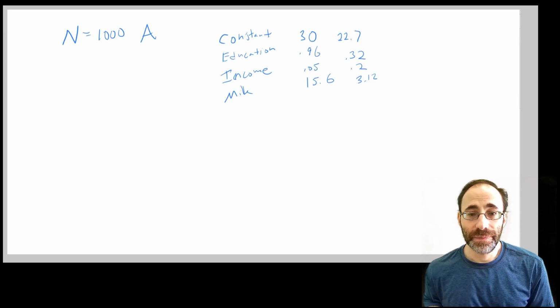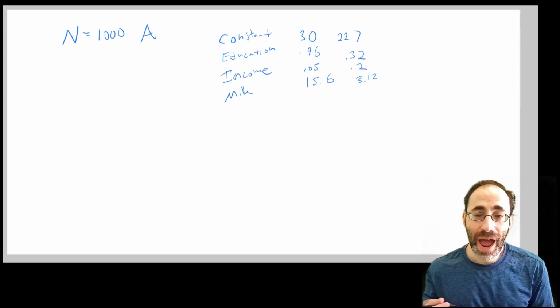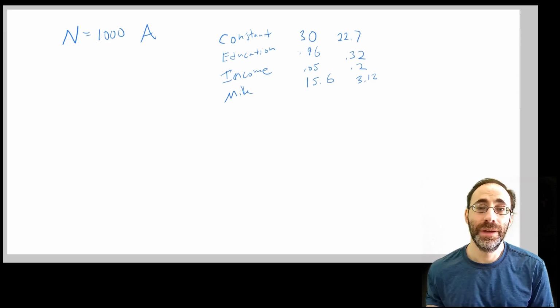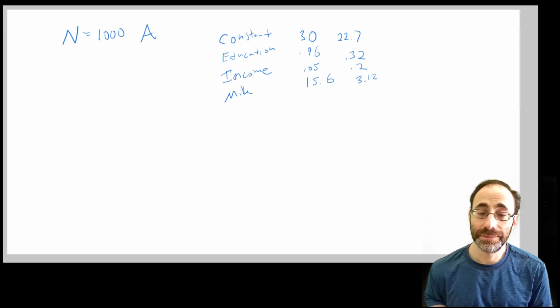Okay. So, first question, how many hypotheses are we testing? How many null hypotheses are we testing, and what are they? Well, the constant doesn't test any variation. It's just these 3. So there are 3 null hypotheses.